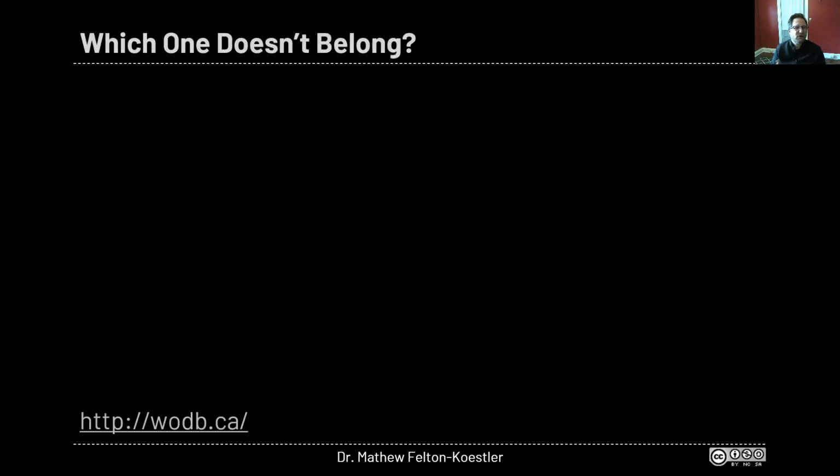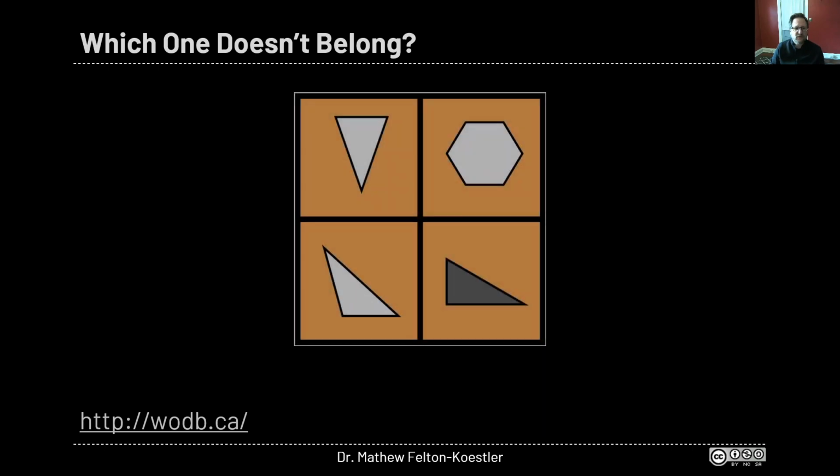Finally, if you want to explore shape with your kids, another great activity is "which one doesn't belong." There's a link here and I'll put it in the description below as well. This website has a bunch of different pictures like this, where there are 4 different shapes. And the question is, which one do you think doesn't belong and why? There is no wrong answer to this question. In fact, we could come up with an answer for every single shape.